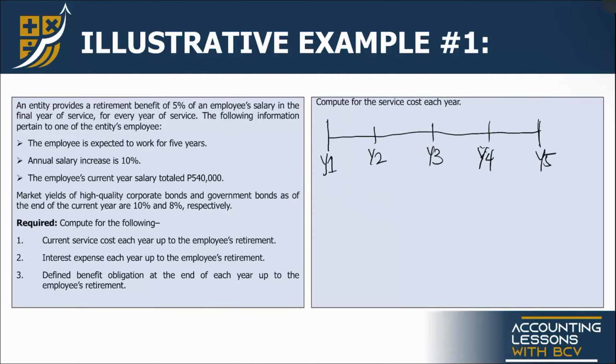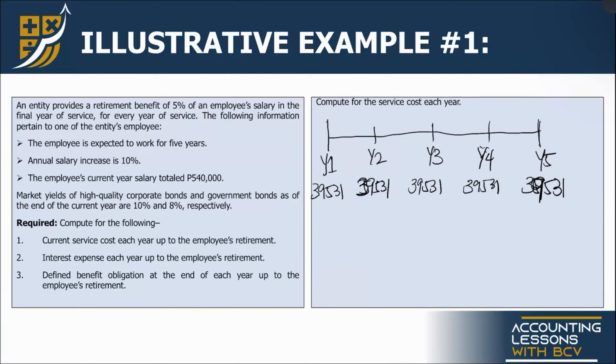Now, each year, magbibigay daw si company ng magkanong annual benefit. Lagay natin each year yan. 39,531 each year. Okay? 39,531.